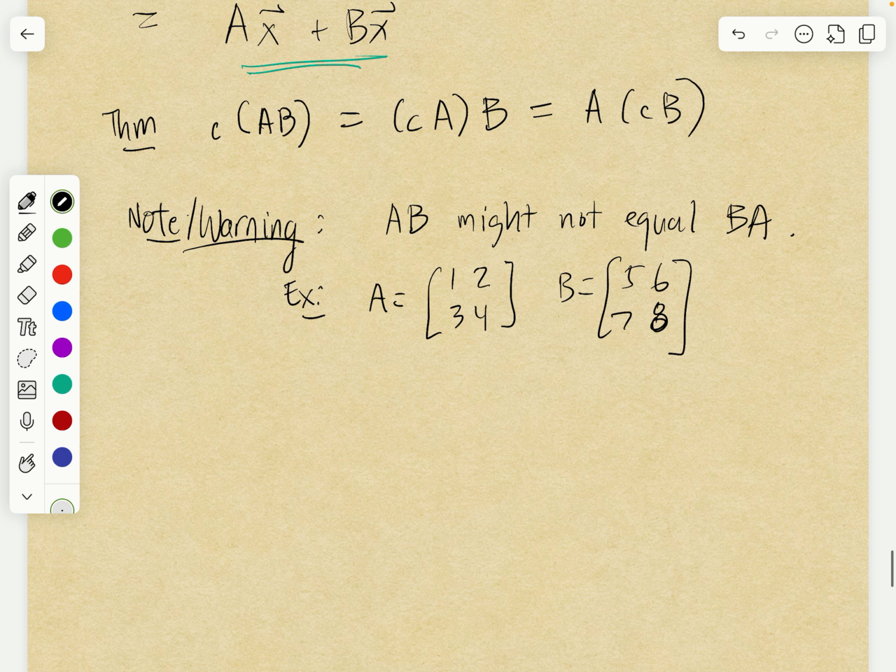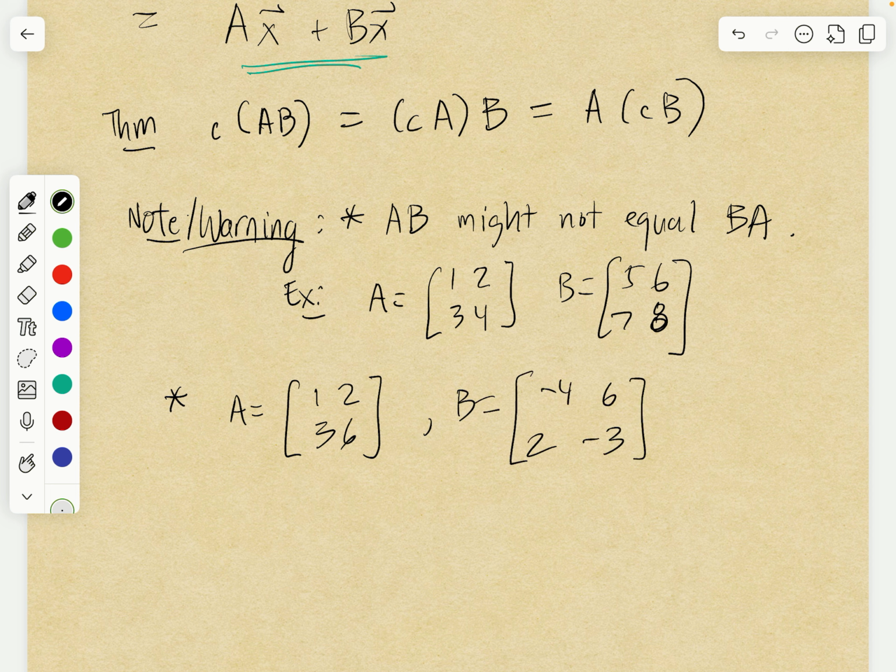Okay, so that's one of them. Another one is that you could have things where you get the zero matrix. So if you have A equals 1, 2, 3, 6, and B equals -4, 6, 2, -3, you can check that A times B is actually the 0 matrix.